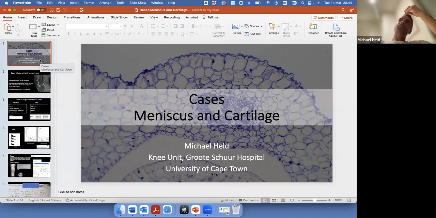most orthopedic associations give you a green light to debride that meniscus after a certain period of non-surgical management.